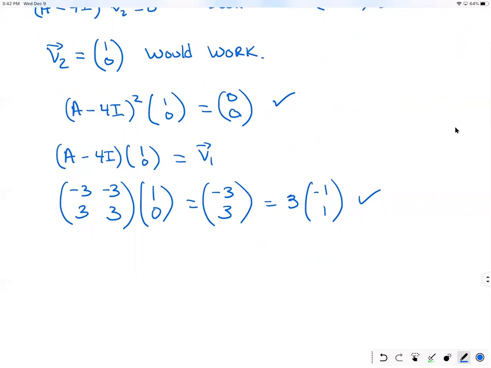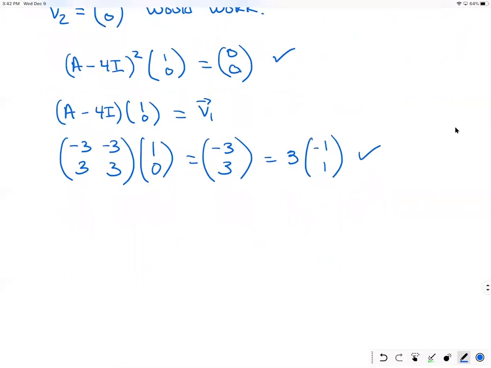So how I would write this is x1 of t equals e to the 4t times v1, which is e to the 4t times, we could write it as (-1, 1), or we could write it as (-3, 3). Doesn't matter. I'm just going to leave it as (-3, 3), as long as it was a linear combination of our v1.